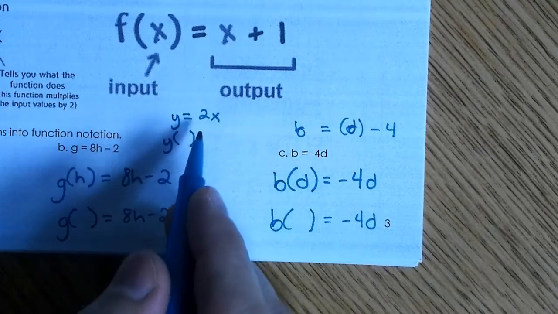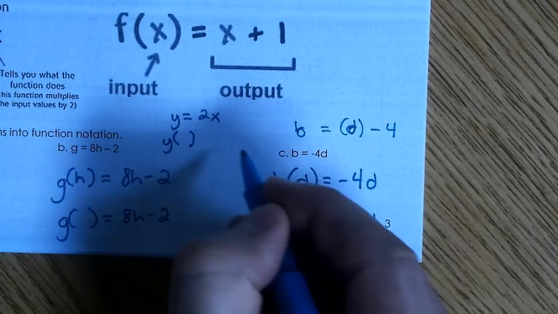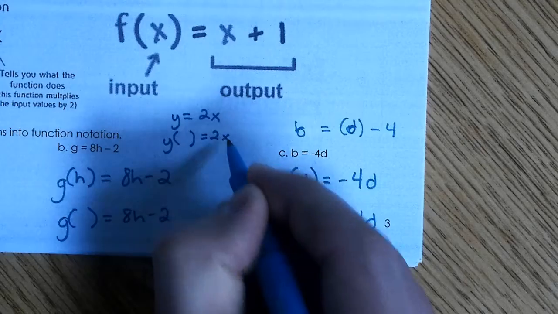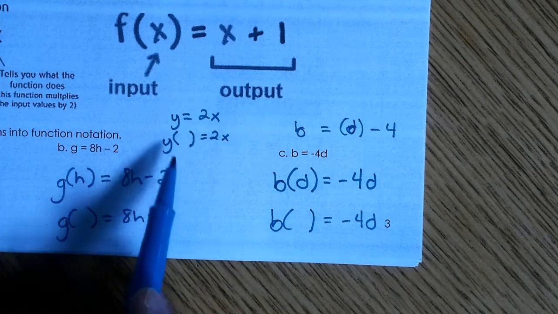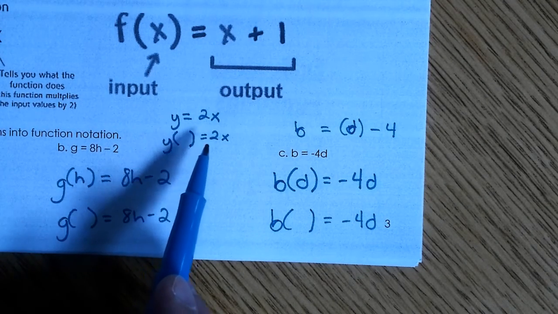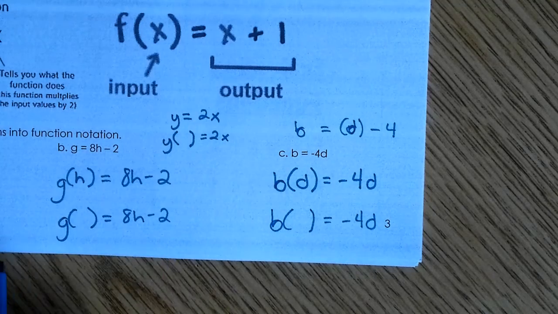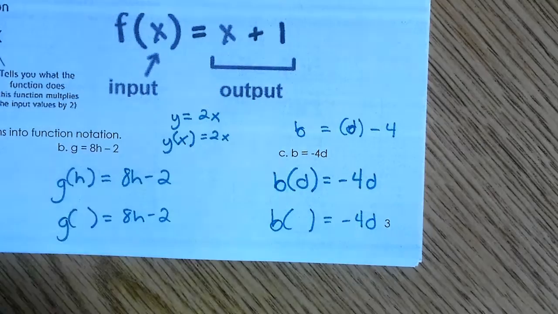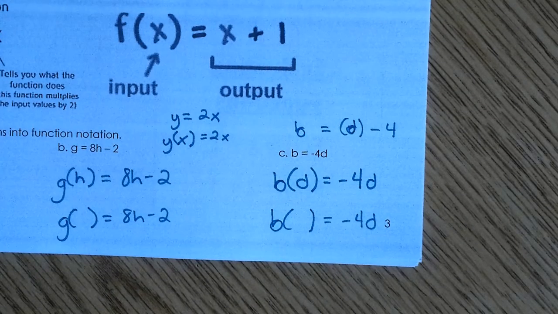Parentheses, and then I just bring everything else down. Equals 2x. What goes inside the parentheses? What's the variable that we're inputting? The x. Yeah, so it'd be y of x. Y parentheses x equals 2x. Okay? We'll try to look at a few more of those in the next couple videos.